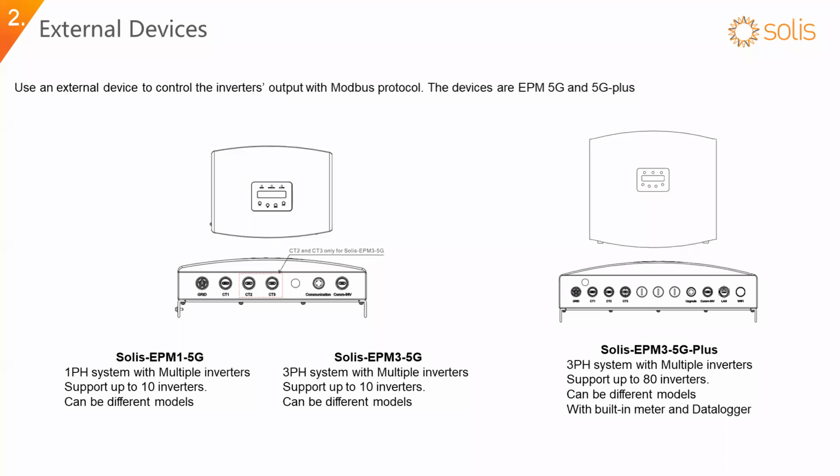Here, the external device is responsible to acquire the necessary data from the grid connection point and then do the corresponding calculations inside the EPM box. And then it will send the command to the inverters to control those inverters to limit their output power. And this control is done through the RS-485 cable through the inverter Modbus protocol.